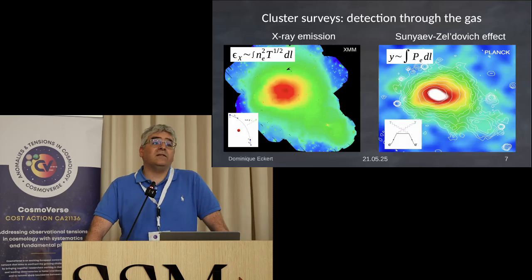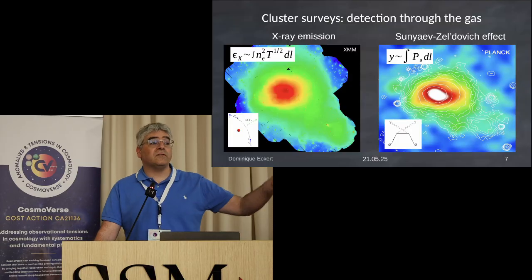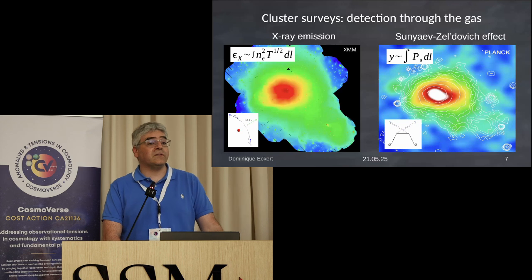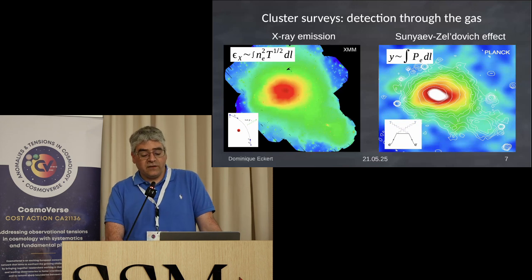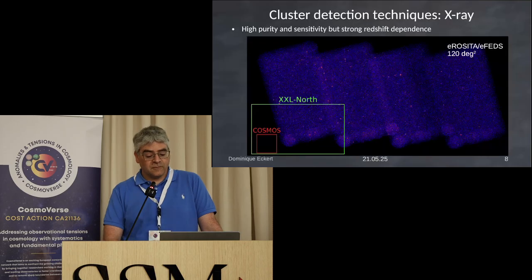That is the inverse Compton scattering of CMB photons off the hot electrons of the cluster. So when the CMB photons go through the cluster, sometimes they undergo Compton scattering, and when they do that, you can alter the spectrum of the CMB, and out of that you can detect clusters.